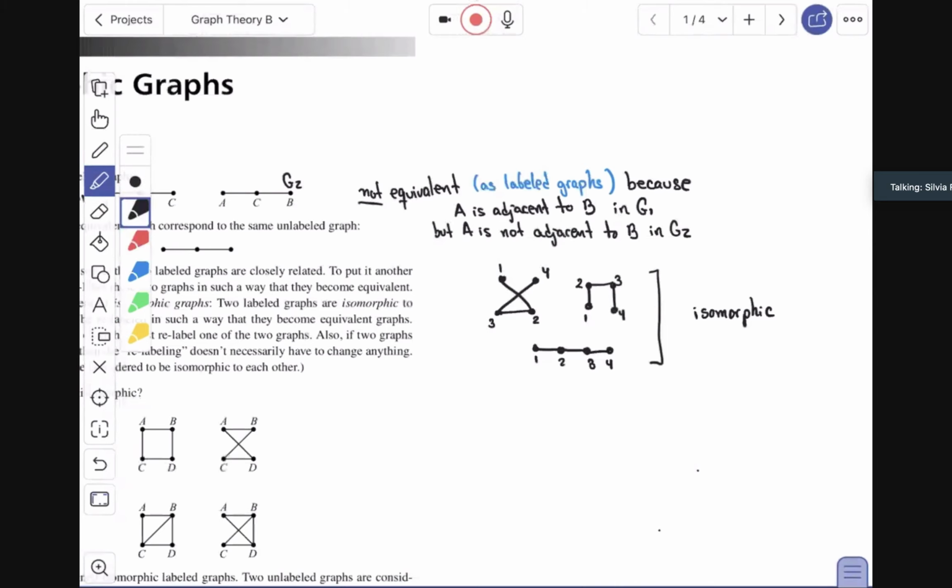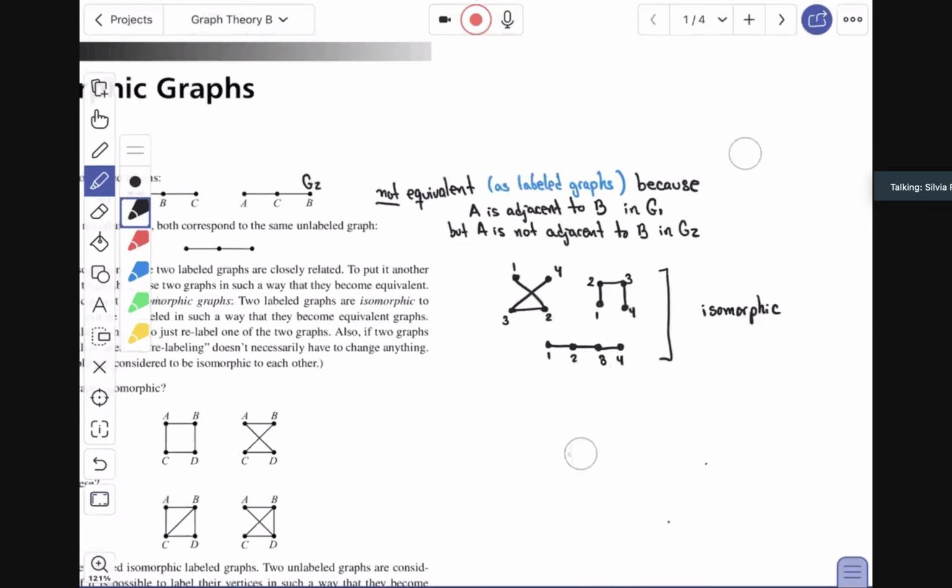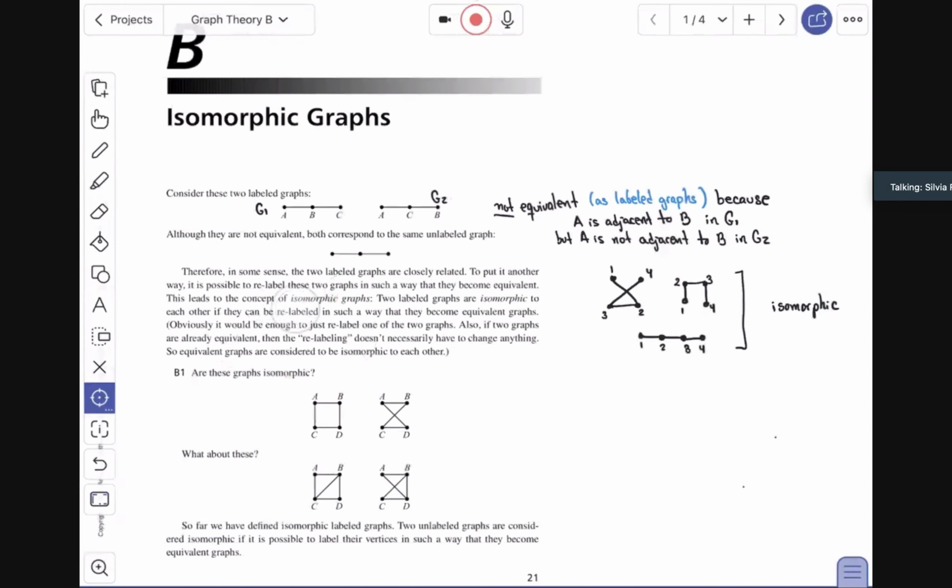And if you want to go over a little bit more precise definition, you'll find it here. But that really is what it means. 2 graphs are isomorphic if you can relabel one of them to match the other, to be equivalent to the other. So many times you have labels in your graphs, and in this one, for example, these 2 are not equivalent with the labels that they have.